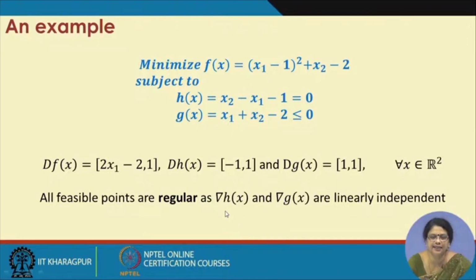And here another thing we can check: we know all the feasible points are regular if grad h and grad g are linearly independent. This thing also we can check very easily. We have grad of h, this one, grad of g is this one, and we can check both are linearly independent. That is why these are the regular points.